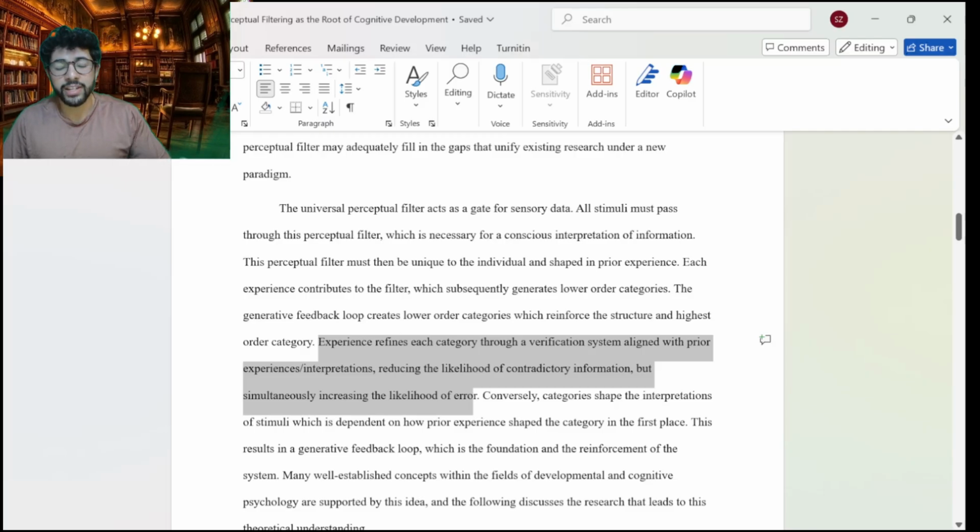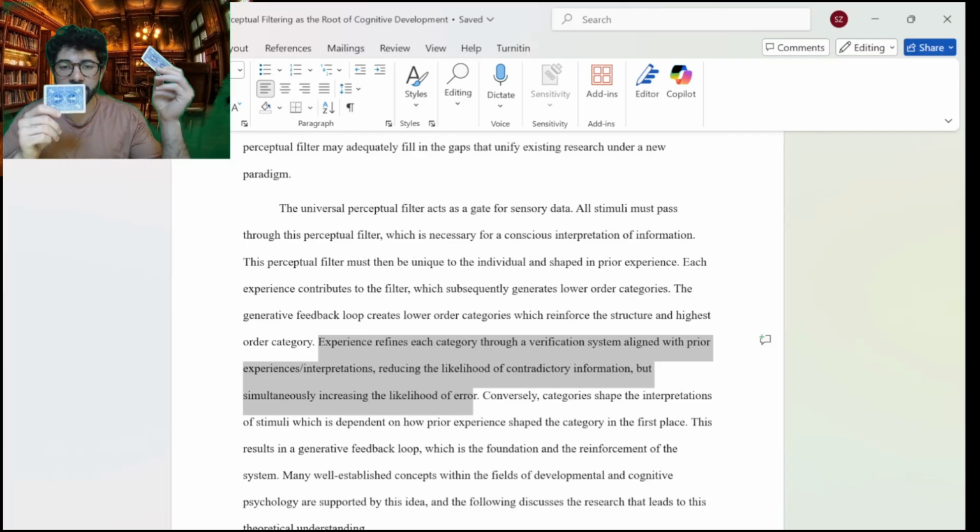so what I'm talking about is the hypothesis generation system here, right? So as stimuli get filtered through, they get filtered through this category. The highest order category says, okay, where do we put it, and why do we put it there? An example would be, think about every time that you felt sad.